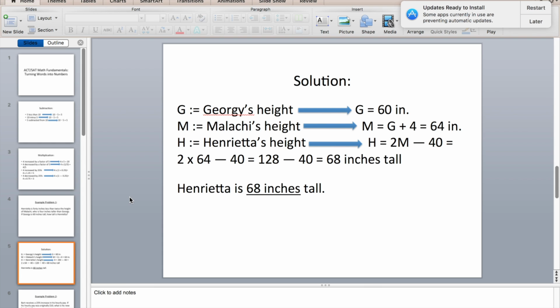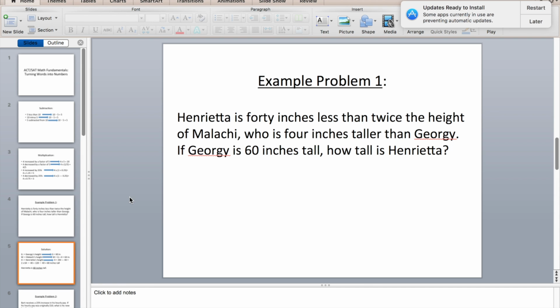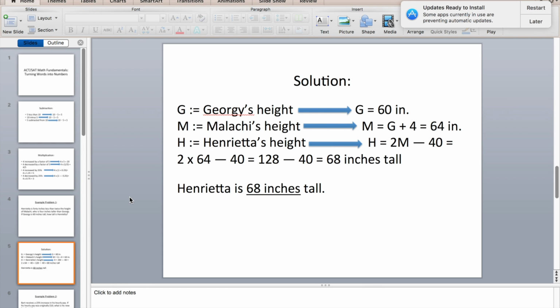Probably the biggest problem that students would face on this type of problem is in setting up the equation for Henrietta's height. Note that Henrietta is 40 inches less than twice the height of Malachi. Or in other words, Henrietta is 2m minus 40.